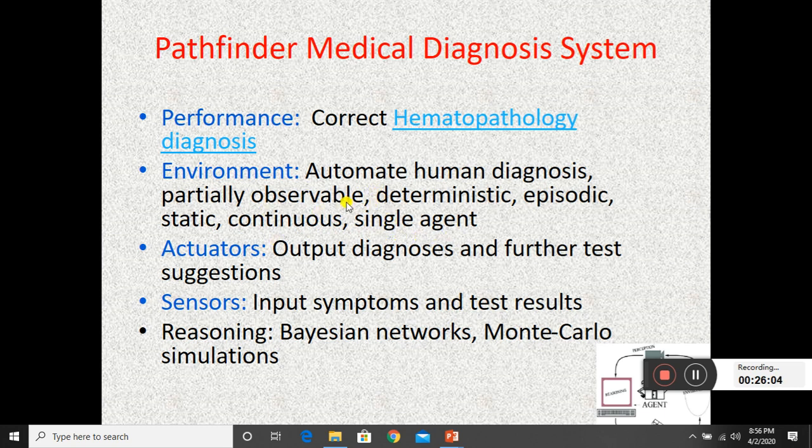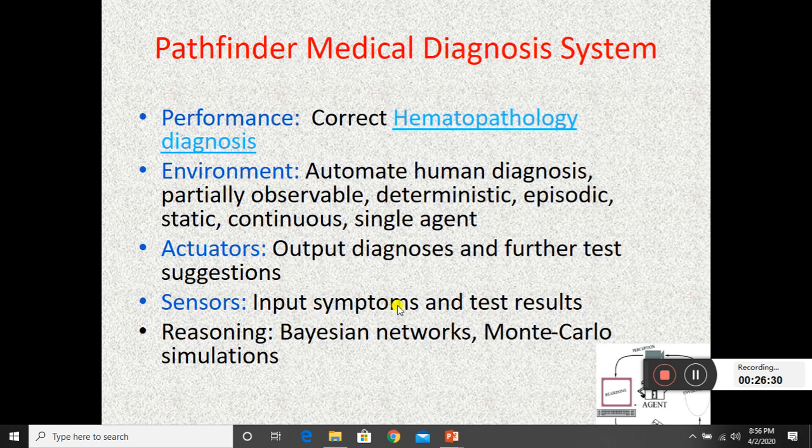Actuator output is diagnosis and further test suggestions. On the basis of the performance diagnosis observed from this environment, the actuator will diagnose or suggest further outputs. Sensor input is symptoms and test results.